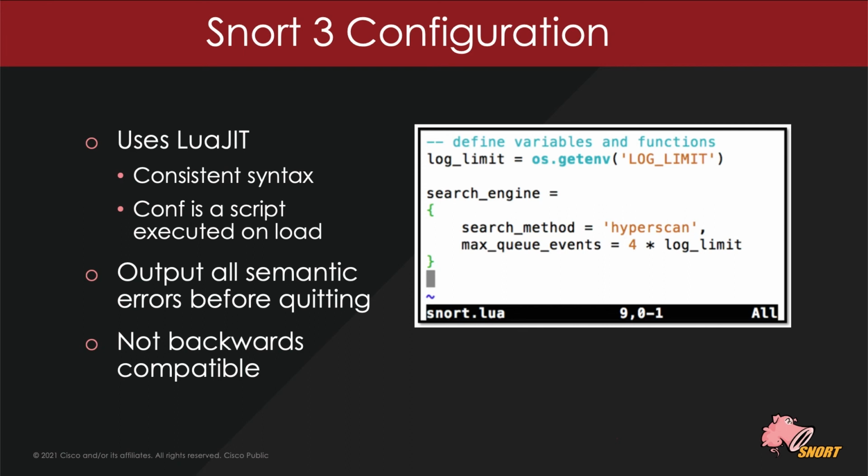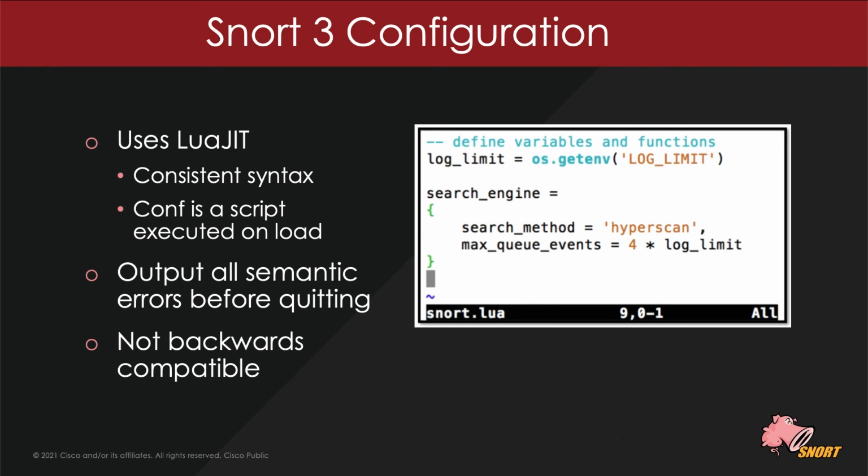It also outputs all the semantic errors before quitting, where Snort 2 would just output one error and then quit, and you'd fix that error, start it up, and get another error and quit. This will output all the errors so you get a chance to look at all of them before you try to restart Snort again.